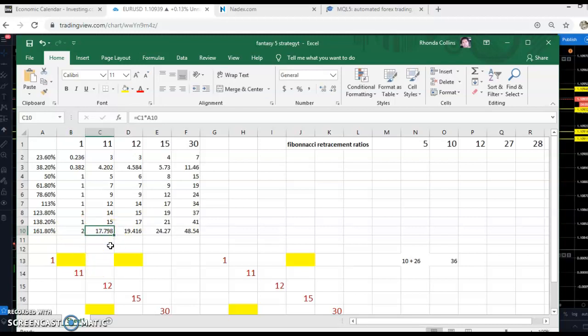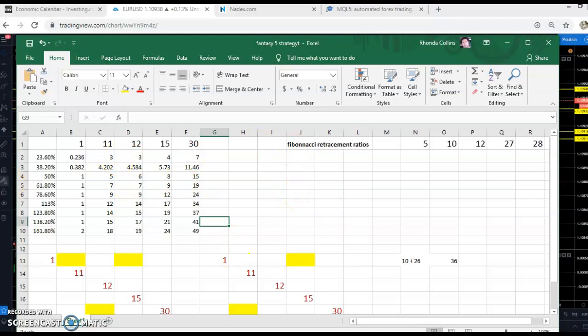We got 2. We have 18. Got 19. And then we have 24. And then we have 48 or 49. I'll use 49. It doesn't matter because, again, our numbers only go up to 36.